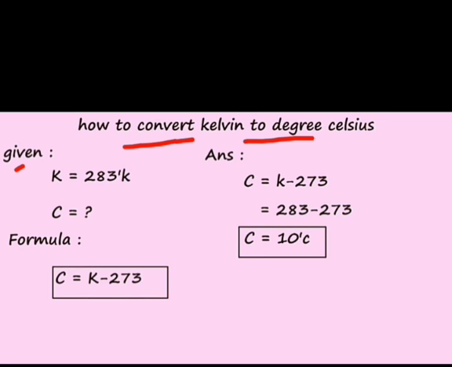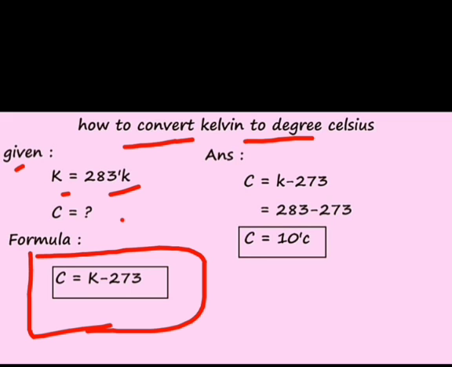Here the temperature is given as 283 Kelvin, and we have to convert it to Celsius. How can we convert it? We have a formula through which we can convert the Kelvin scale into the Celsius scale. The formula is C equals K minus 273.